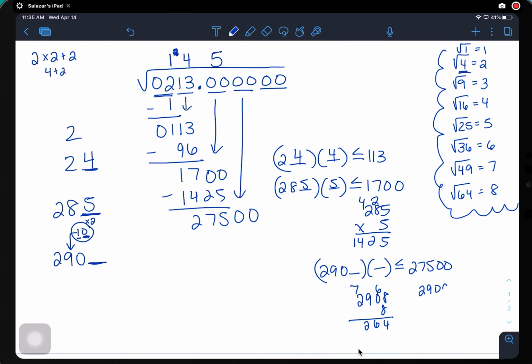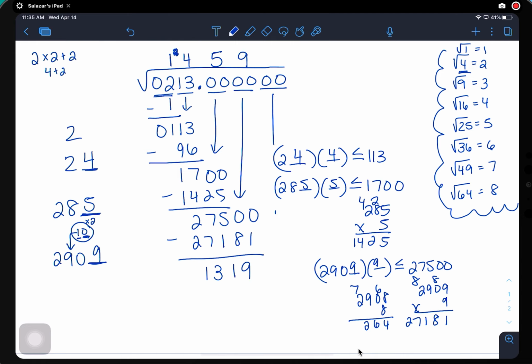Let's try 9. 81, 81, 18, 27. Oh, yep, that's less than. Okay, so I'm going to go with the 9. 9 is my magic number, and that gives us 27,181. I subtract that, and I should get 1,319. And that 9 goes up here as my magic number.